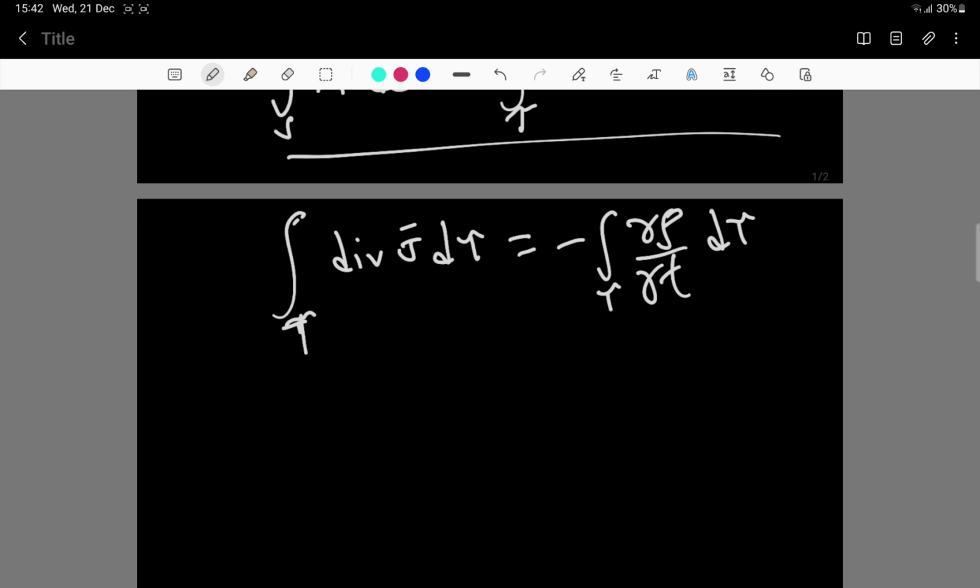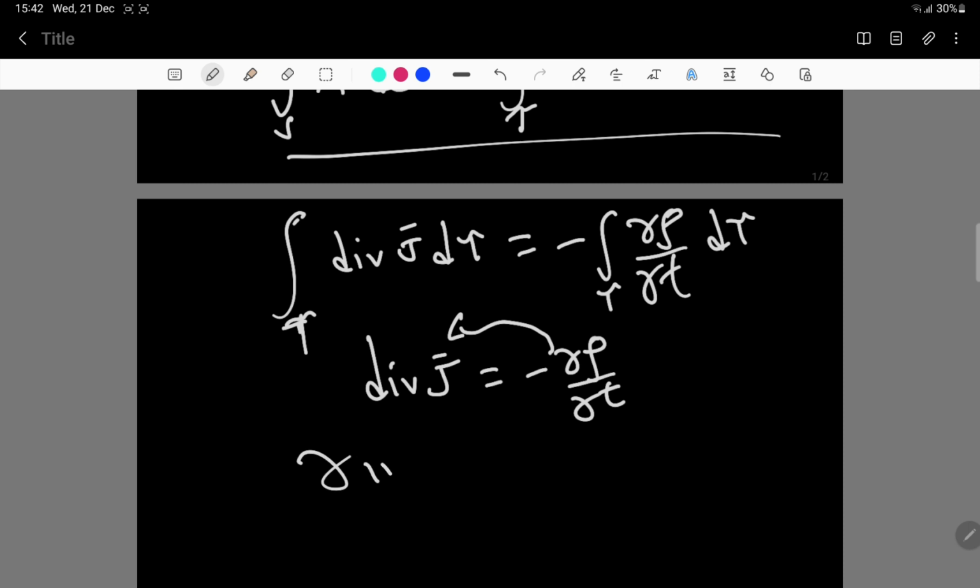Now, if you look at this equation, it reduces to divergence of J equals minus partial rho partial t. We can take this minus partial rho partial t to the other side. So we have divergence of J plus partial rho over partial t equals 0.